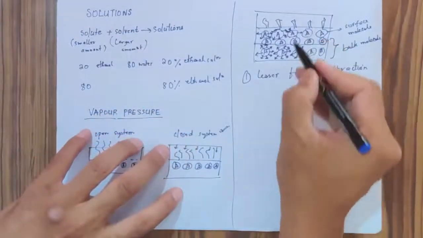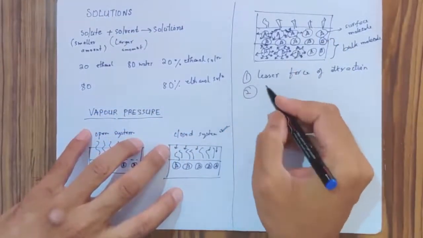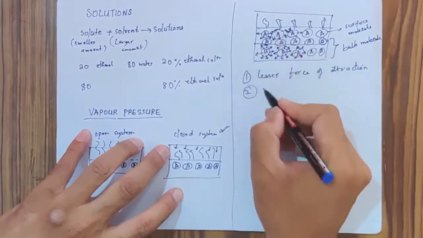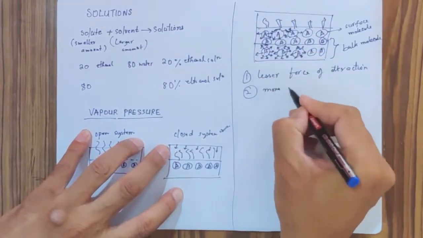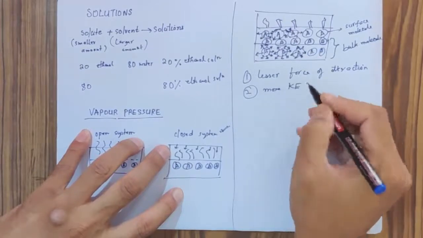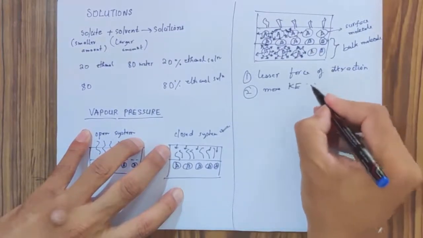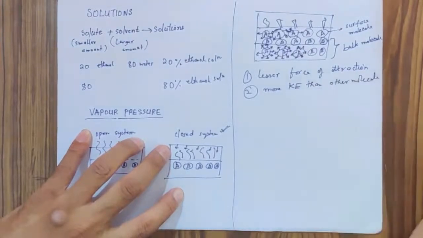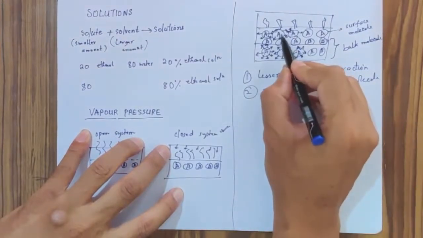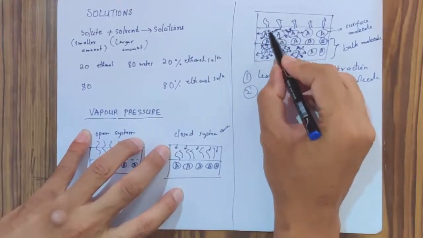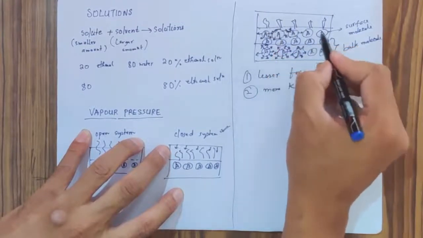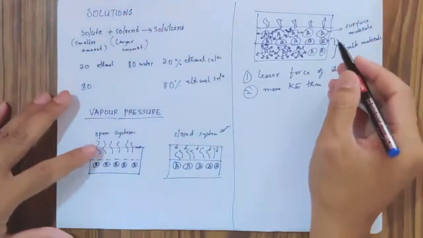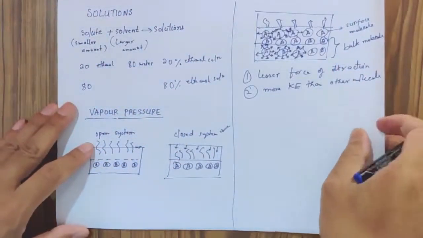The surface molecules have more kinetic energy compared to other molecules. They are more free and more mobile, so they evaporate. That's why surface molecules evaporate.